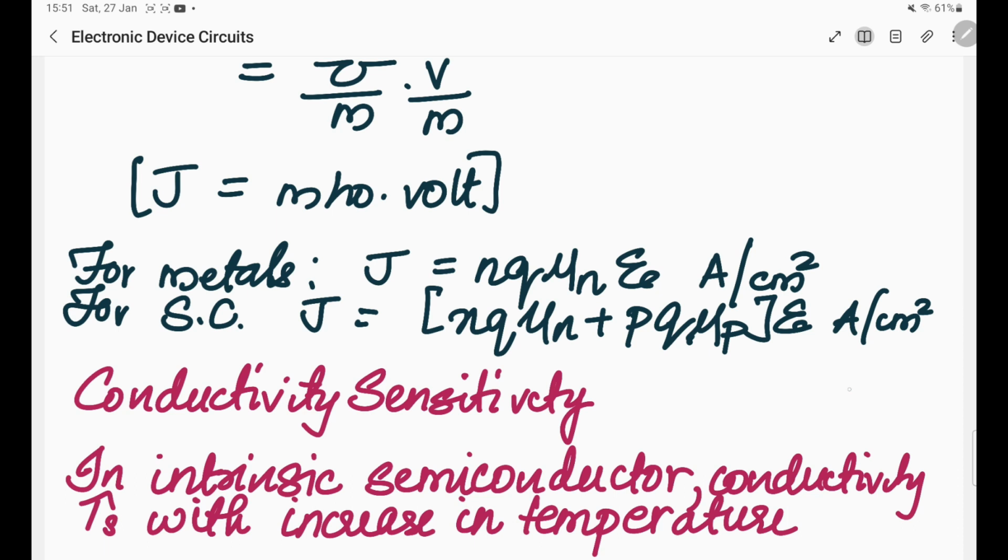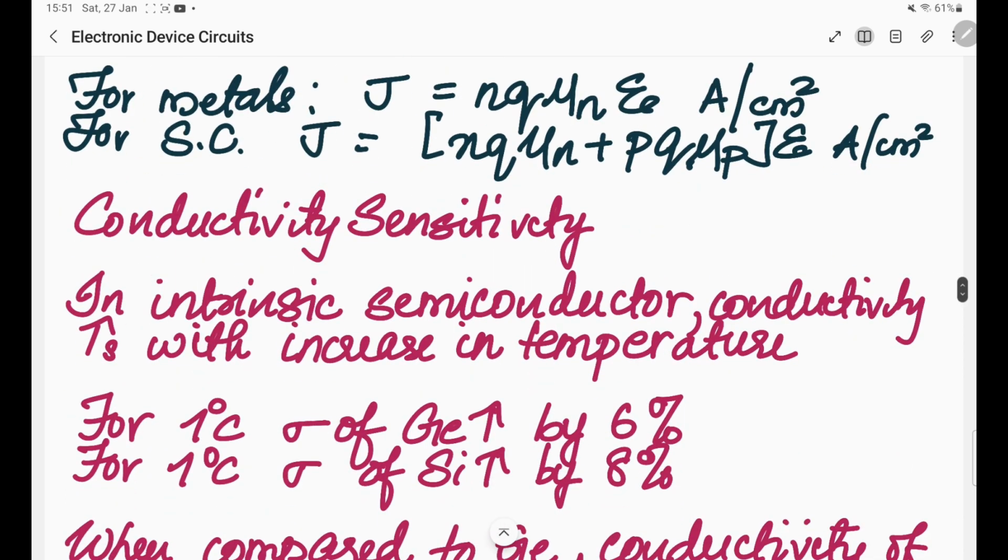Now let's understand conductivity sensitivity. In intrinsic semiconductors, conductivity increases with increase in temperature. For 1 degree Celsius, the conductivity of germanium increases by 6%. For 1 degree Celsius, the conductivity of silicon increases by 8%.